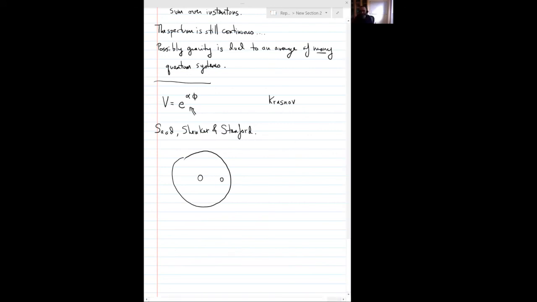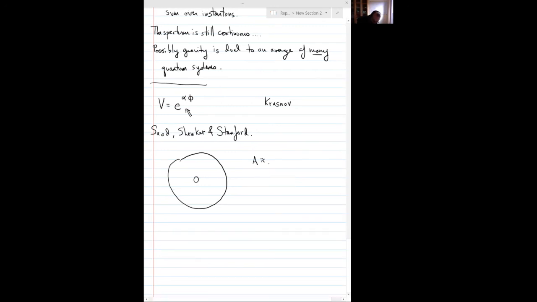Turns out that's not how general relativity in 2+1 works. The force of gravity doesn't fall off quickly enough at large distances in order for that to work. All of the black holes that we're talking about have areas that are of order the AdS scale, right? So one way of understanding the energy being of order the central charge, another way of writing that, is that the area of the black hole is of order the AdS scale. So every black hole takes up an order 1 fraction of the AdS volume.